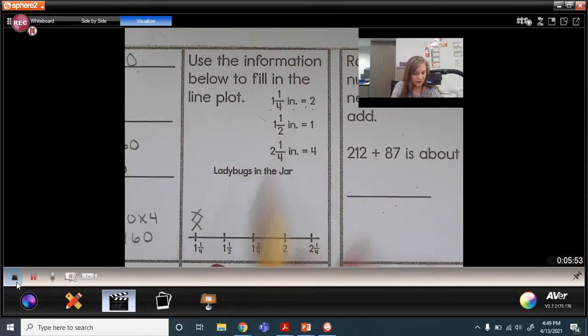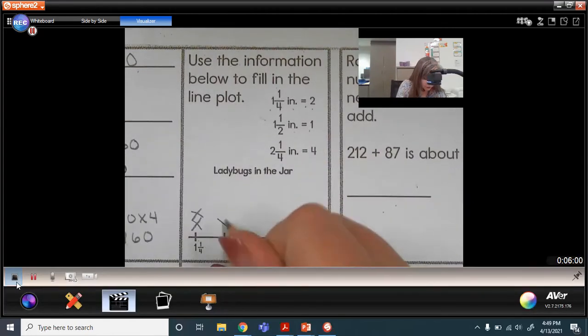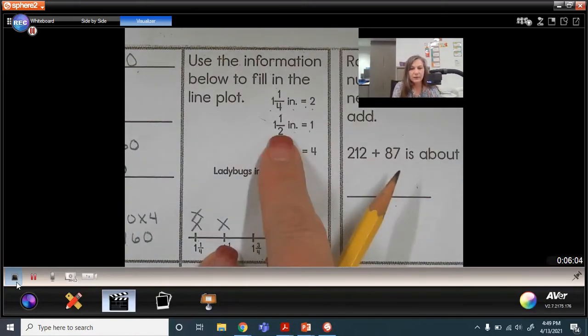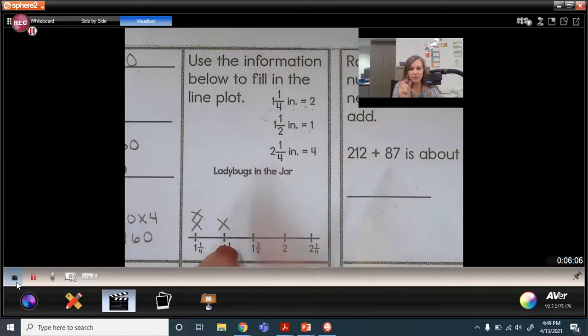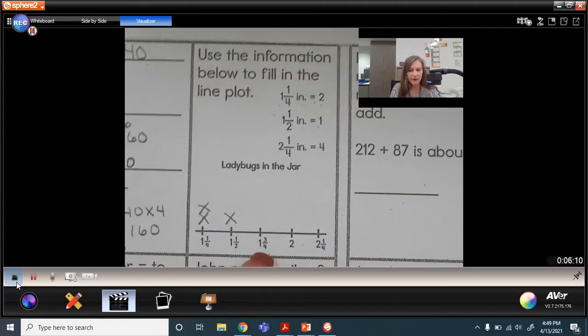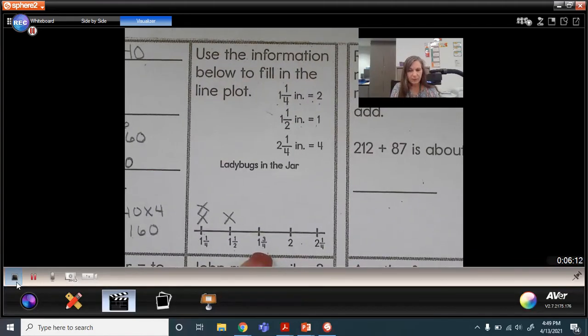We have 1 1/2 inches, and there's only 1. So remember, each X stands for just 1, or represents one of those in that particular measurement. We don't have any at 1 3/4, so we're not going to put any X's above that measurement.